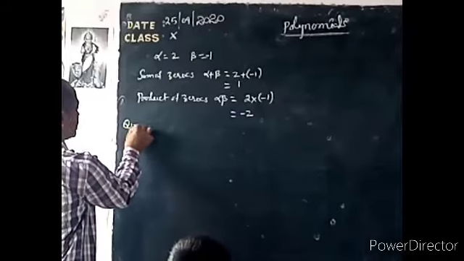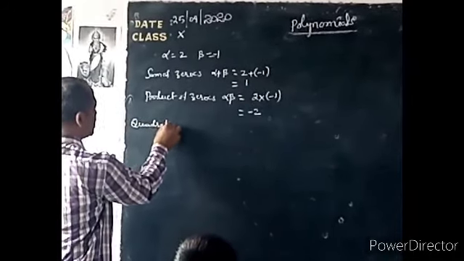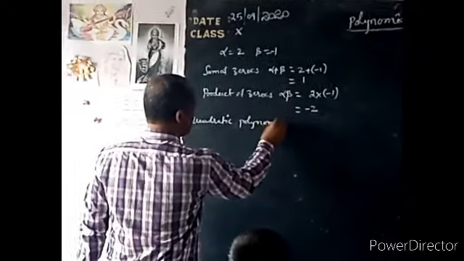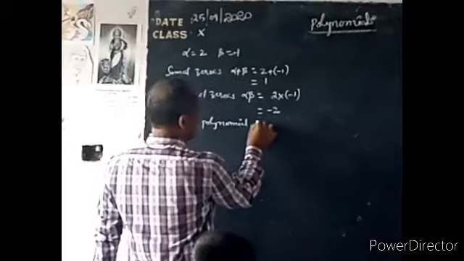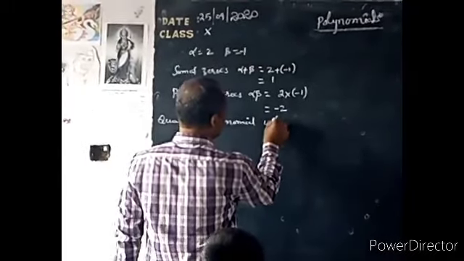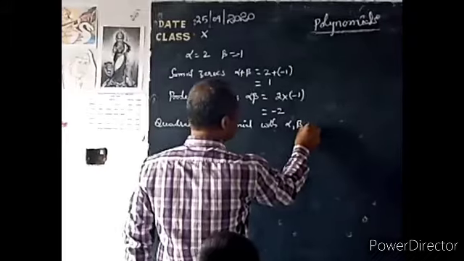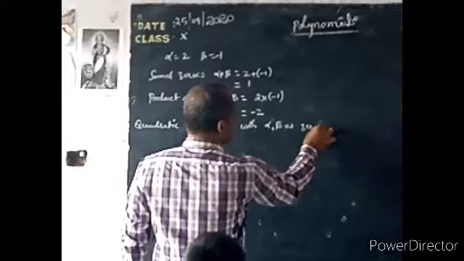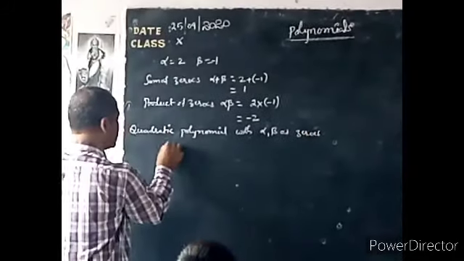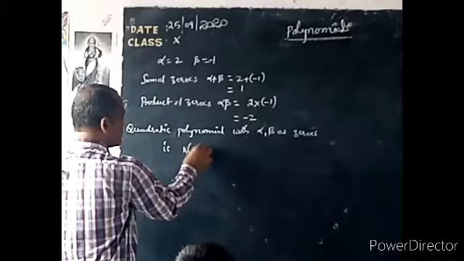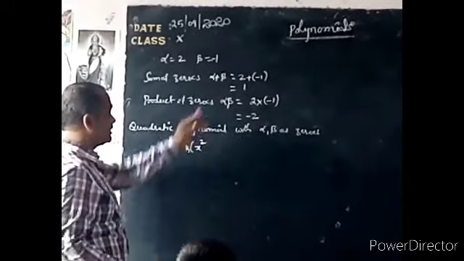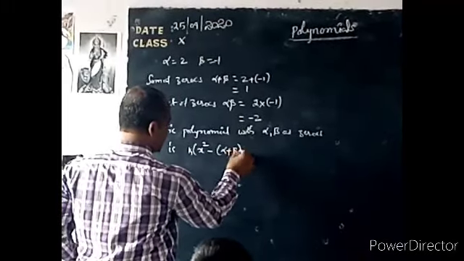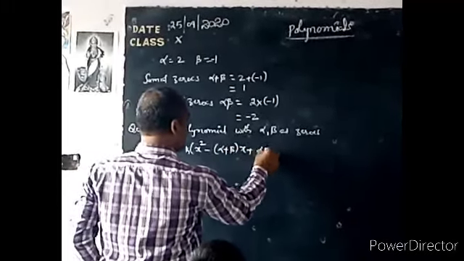Now quadratic polynomial, write the formula. Quadratic polynomial with alpha beta as zeros is k into x square minus (alpha plus beta) x plus alpha beta, in terms of alpha beta.